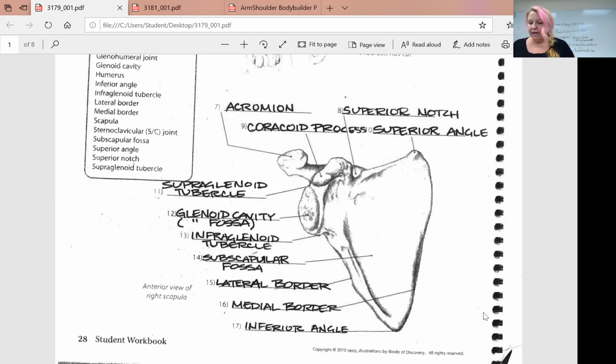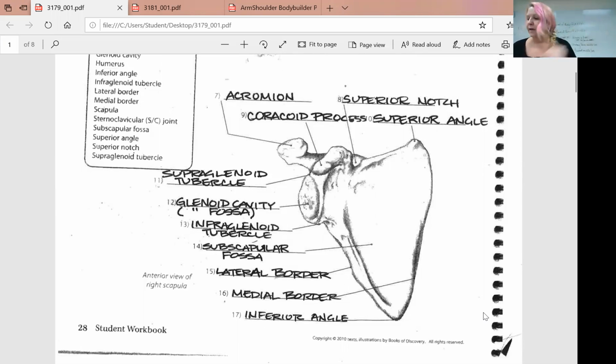We have the lateral border. So this is the side towards the outside of our body. Our medial border, the side closest to our spine, the two borders that are coming together towards the spine when we talk about adduction of the scapula, and then we have our inferior angle.